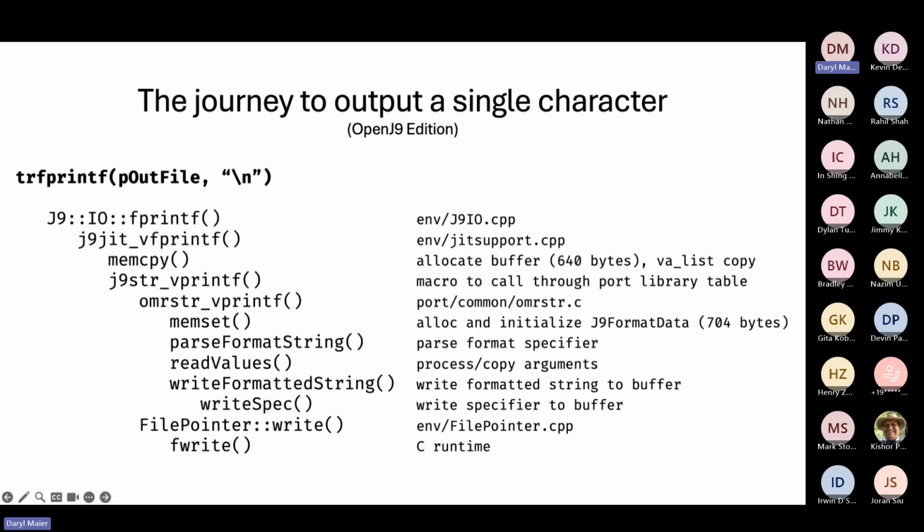We do a lot of operations here, even though they're not required. So for example, treating this as if it had format specifiers and going through all the effort to process the format specifier when there isn't one here, before eventually writing out the character into the C runtime. What I don't show here is all the logic that's happening within some of these functions.